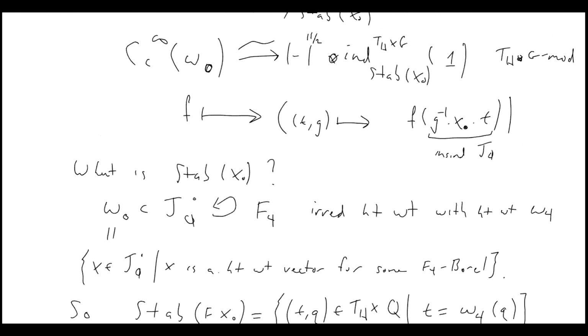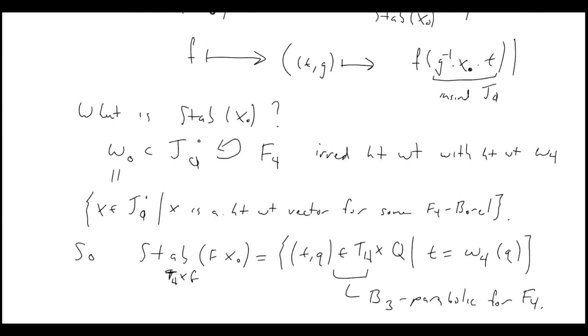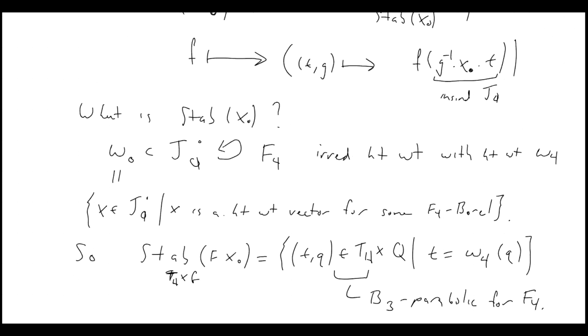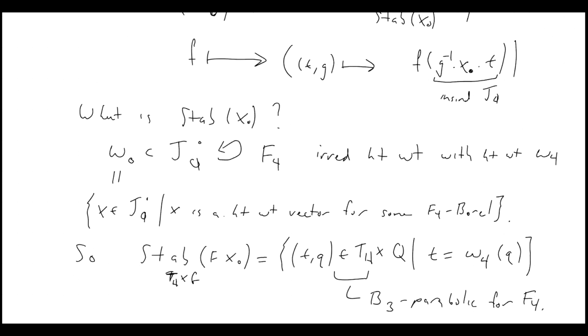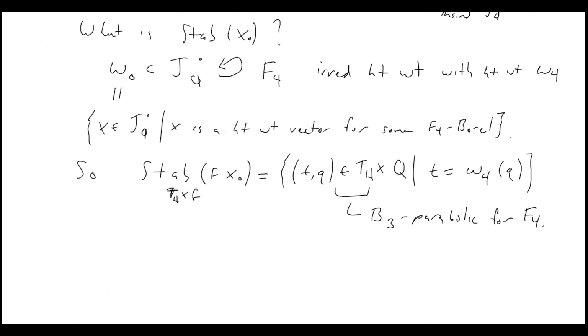However, T is scaling, hold on, what did I write? Oh, sorry, no, what I wrote before was correct. So the stabilizer for the line is the full TH cross Q. But if we want to actually fix X naught, then we need some compatibility between the character and the action of the torus.